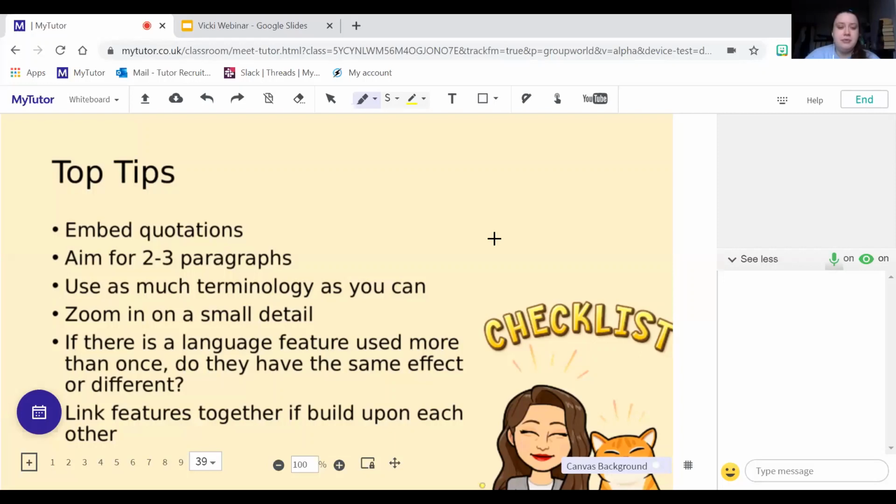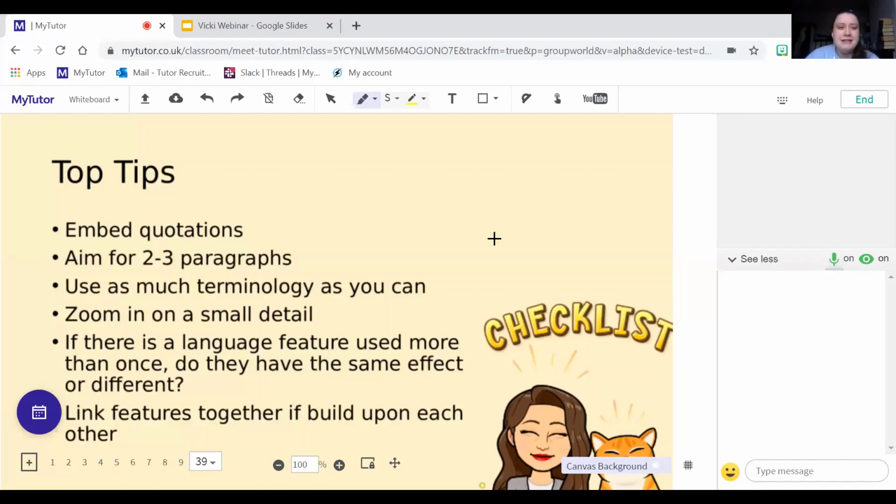So, for example, extended metaphors, they're more difficult to identify. Symbolism is quite sophisticated. What else? Oxymorons and juxtapositions as well are quite sophisticated.